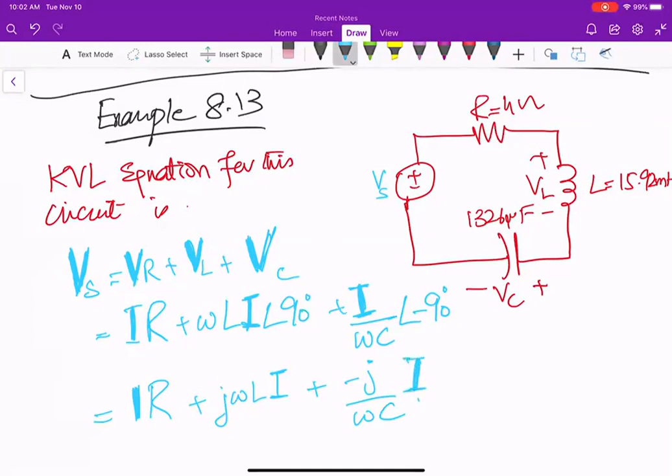Why am I writing I in bold? Because I am thinking that this magnitude and phasor is in this quantity. Let me just confirm it from the previous table.